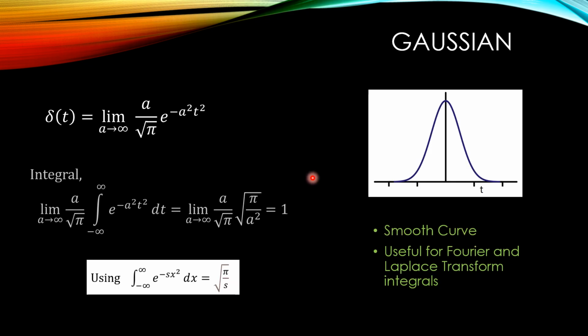The next representation is the Gaussian, which is a quite familiar distribution, and it is also a smooth curve which is peaked at t equals 0. The peak is somewhat less sharp than the Lorentzian distribution, as can be seen, but its integral can also be calculated using this formula for the Gaussian integral, and it is seen that the integral is also equal to 1, and that at t equals 0 it diverges strongly and is 0 at all other t.